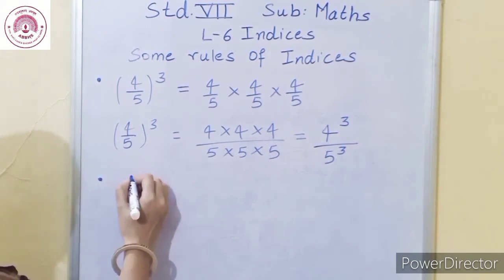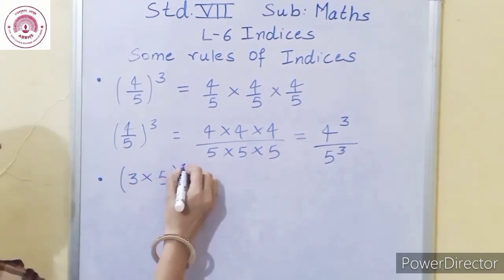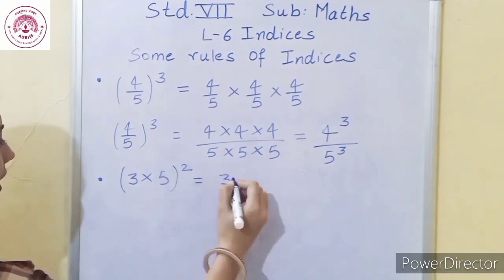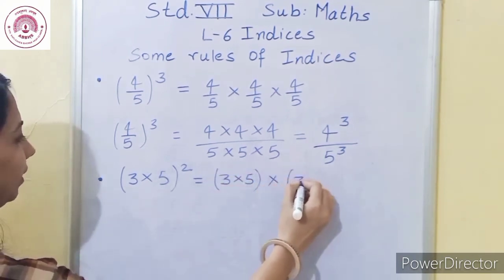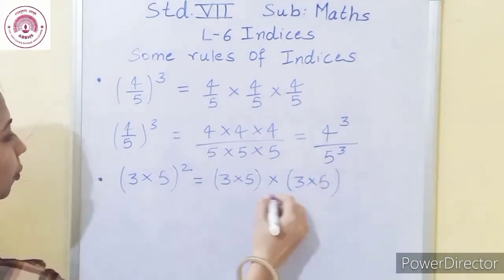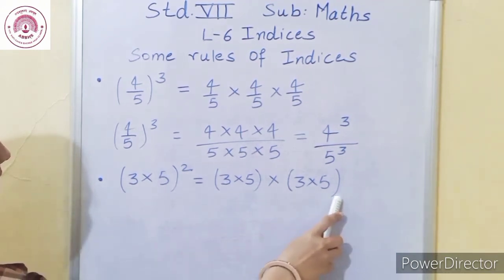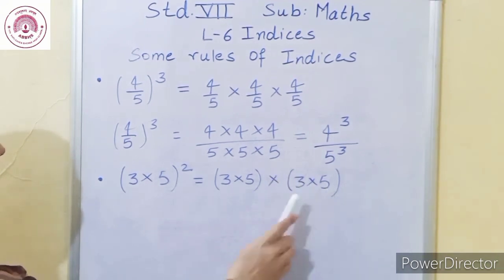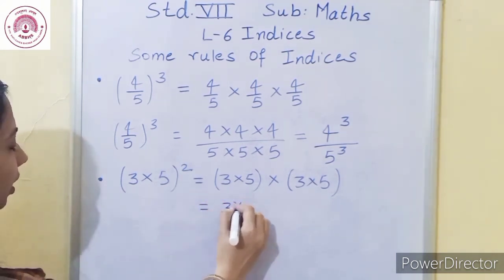Now consider another example, that is 3 multiplied by 5 raised to the power 2. It can be written as 3 multiplied by 5 multiplied by 3 multiplied by 5, 2 times. As you can see, the power is 2, so in multiplication form it can be written as 3 multiplied by 5 multiplied by 3 multiplied by 5.